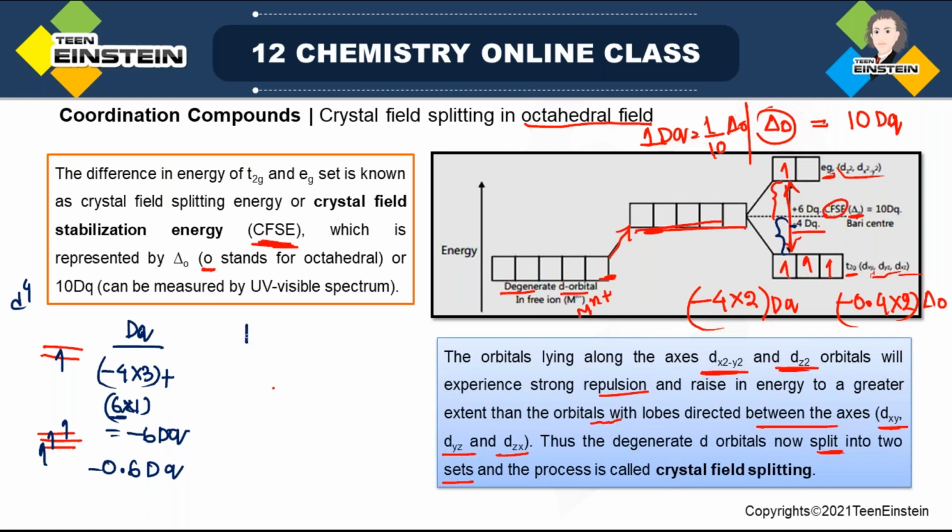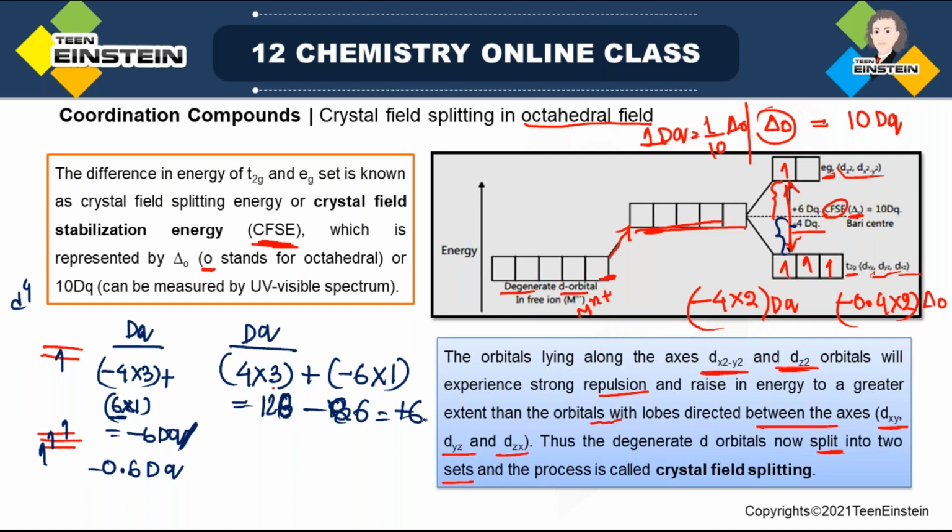Suppose I am doing the dq calculation in this way, that is 4 into 3. Now I am considering a plus sign for the T2G and a minus sign for the Eg. So now what will happen? 6 minus 12, sorry, 12 minus 6. That means now it is plus 6. So see, same value, only the sign is different.